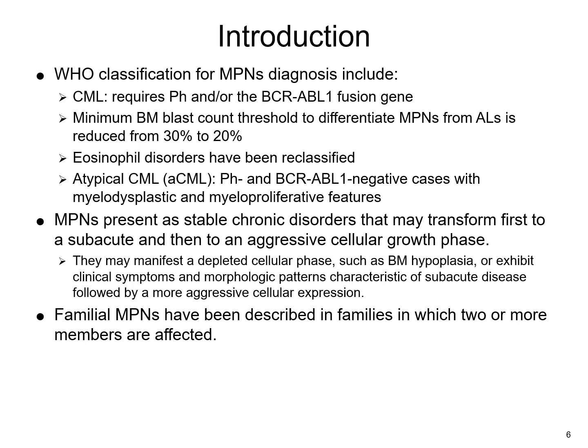And then they've also established that eosinophilic disorders have been reclassified. And then atypical CML, the Philadelphia chromosome and BCR-ABL1 negative cases with myelodysplastic and myeloproliferative features. So they've further classified some of these things based off of various criteria.